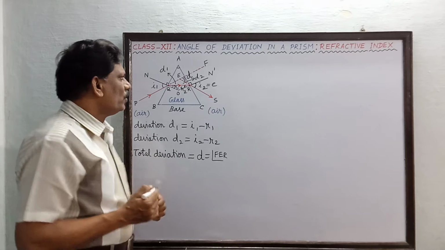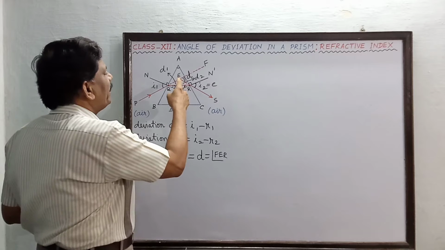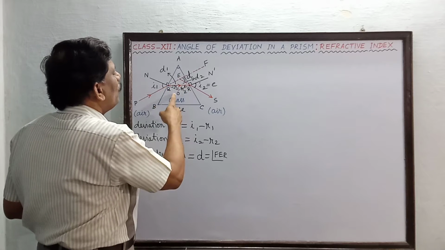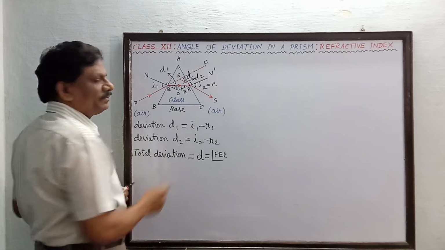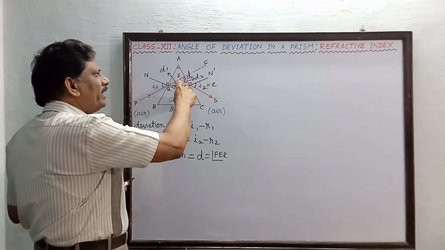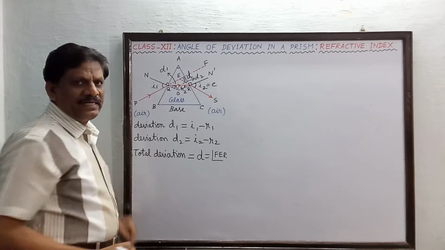Now carefully watch the triangle QOR and another triangle EQR. In triangle EQR, this angle D is the exterior angle.